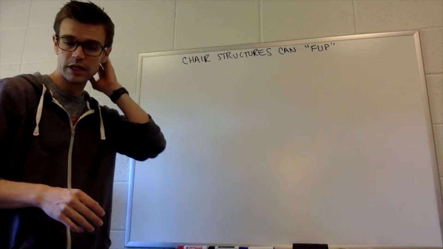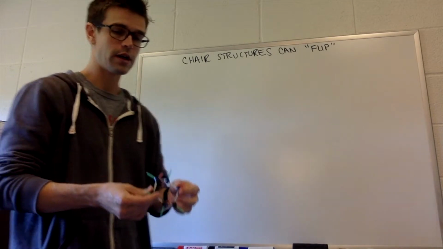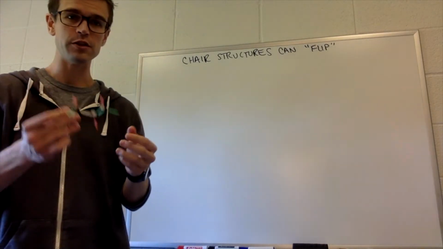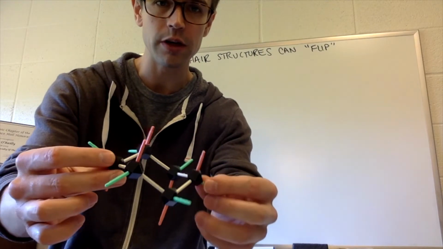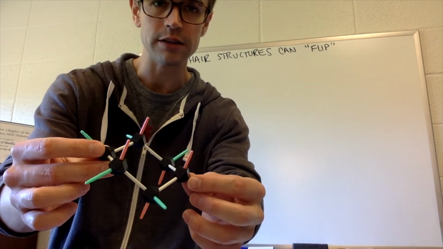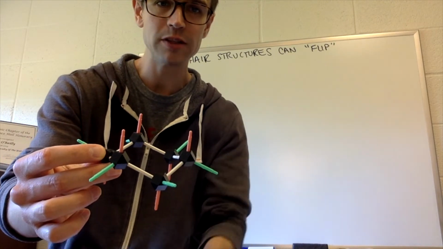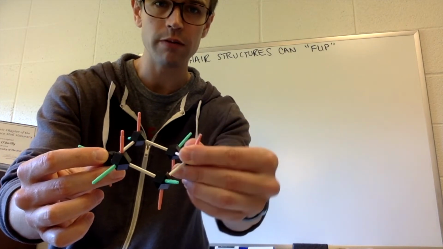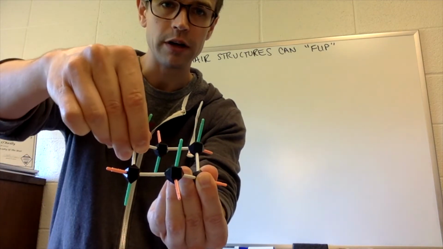And what this really comes down to is that a chair structure can flip from one chair to a different chair. So, for instance, this molecule here is a cyclohexane. It's a chair structure. And what happens when a chair structure flips is one of the atoms moves down like that, and the other point goes like that.